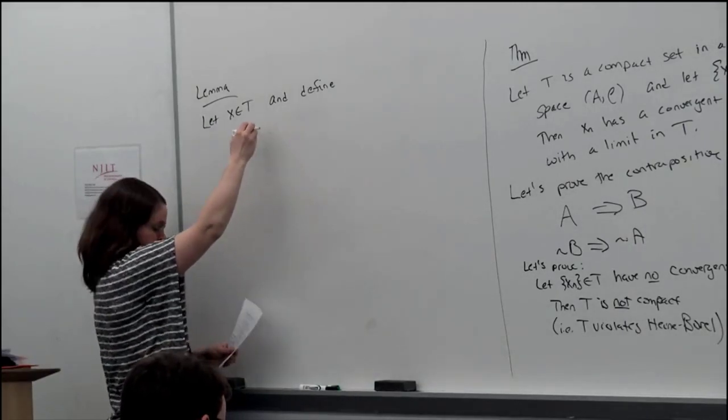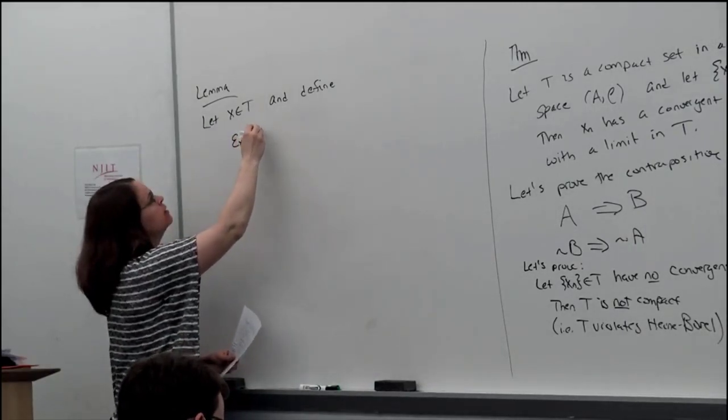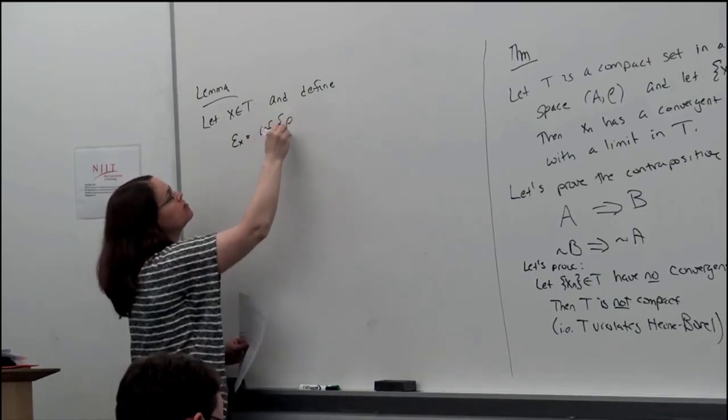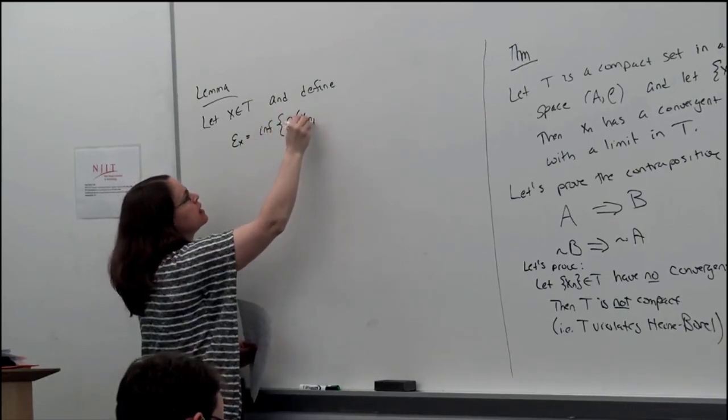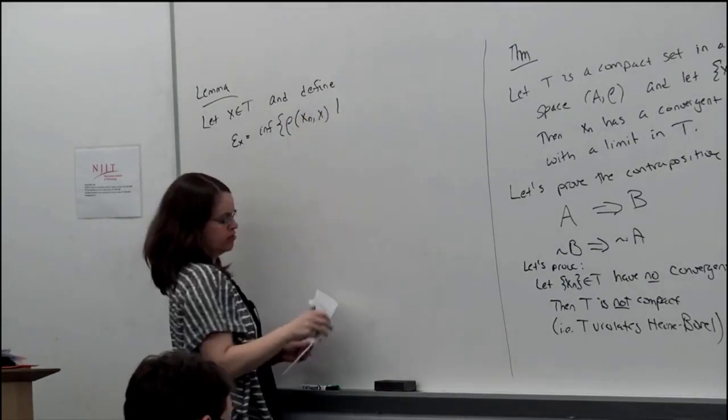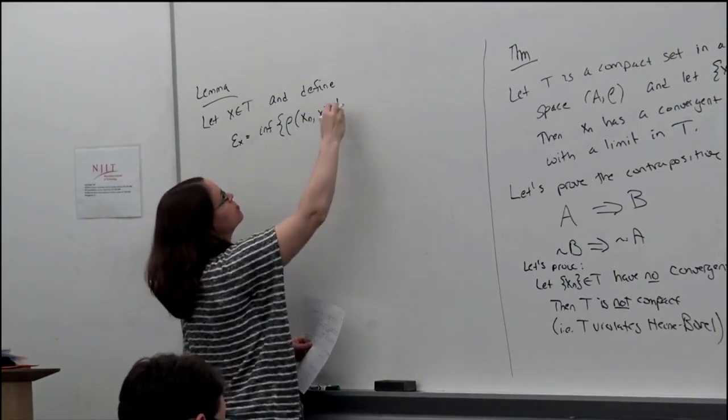Okay, so I'm going to define epsilon X this way, to be the infimum of the distance between xn and x over all xn in my sequence.